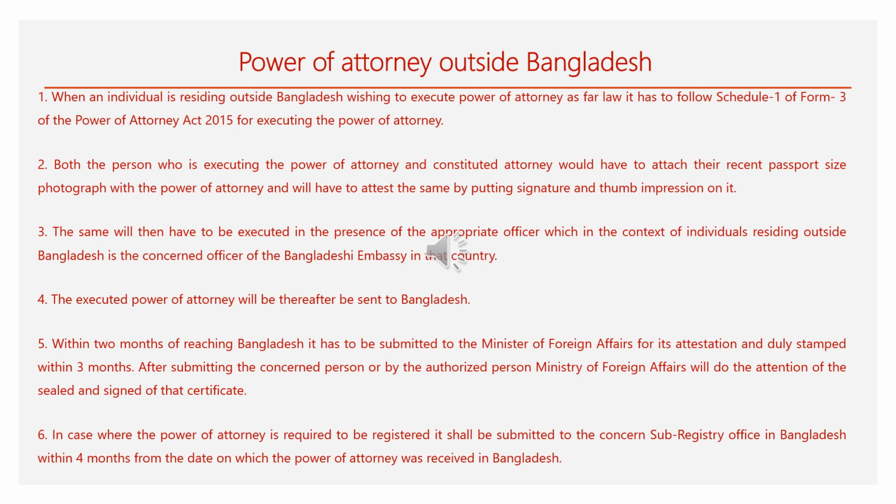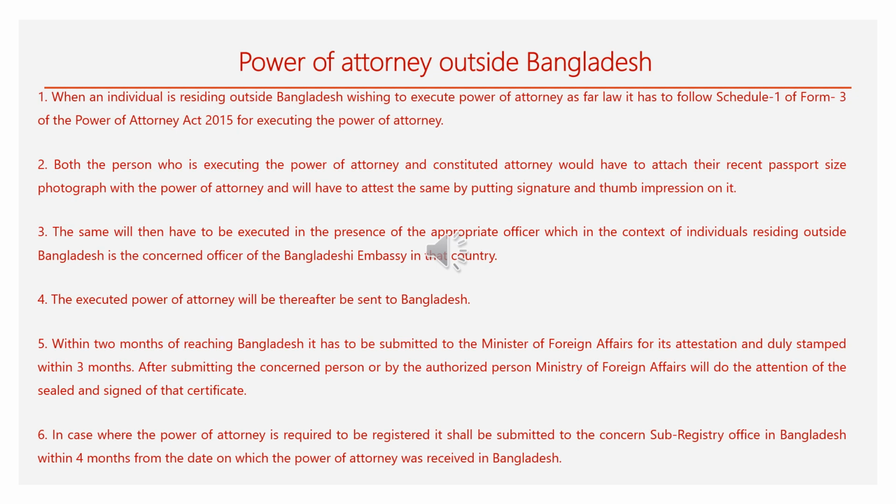Number 3. The same will then have to be executed in the presence of the appropriate officer, which in the context of individuals residing outside Bangladesh is the concerned officer of the Bangladeshi embassy in that country.